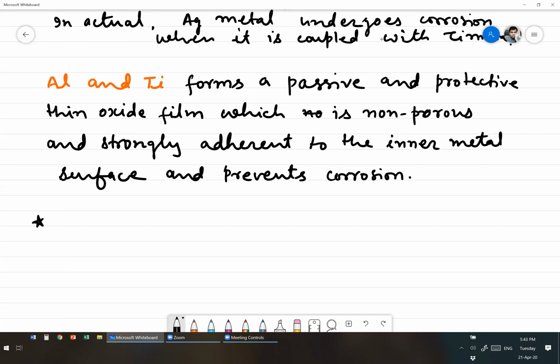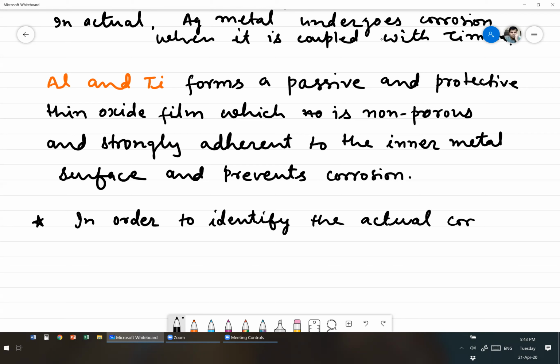A new series was created in order to identify the actual corrosive nature of the metals.